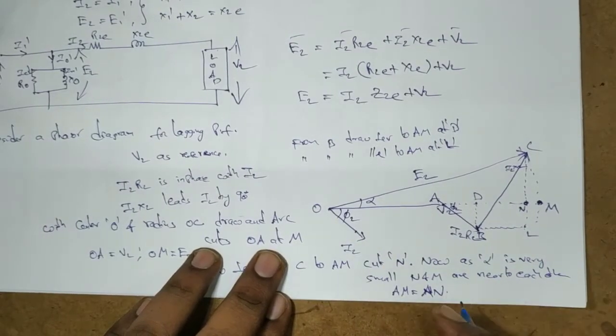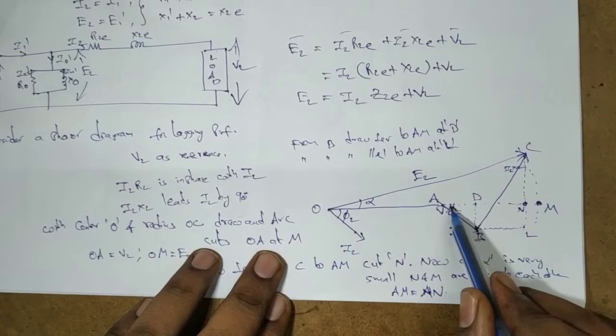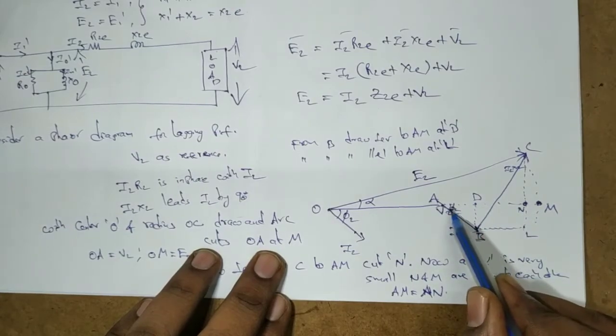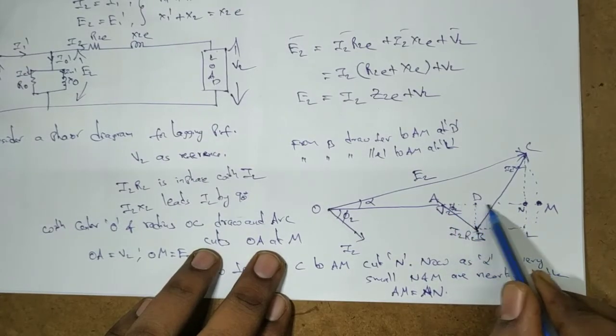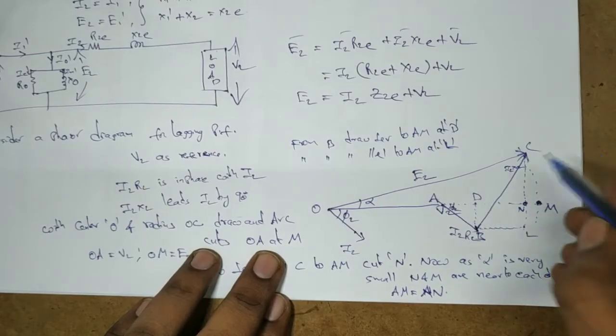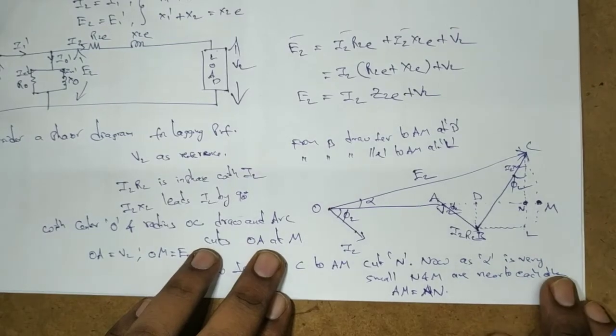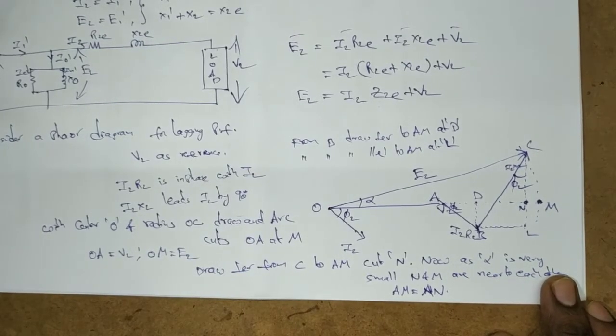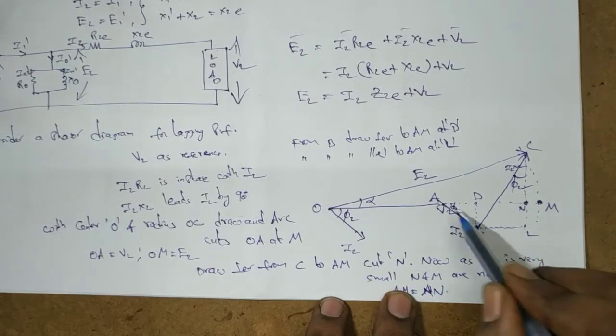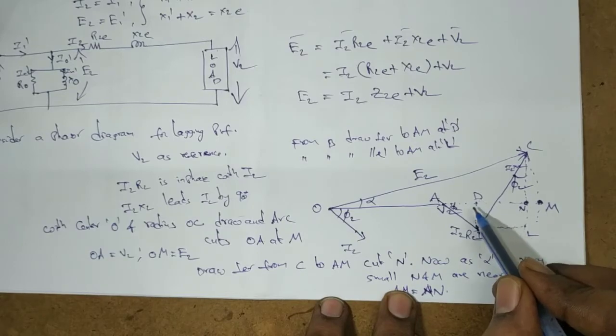By doing these two steps we have created two triangles, ABD and BLC, and the angle in both is also equal to phi 2. Why? Because these are perpendiculars to AM and I2, that is AB. So the angles will be equal.